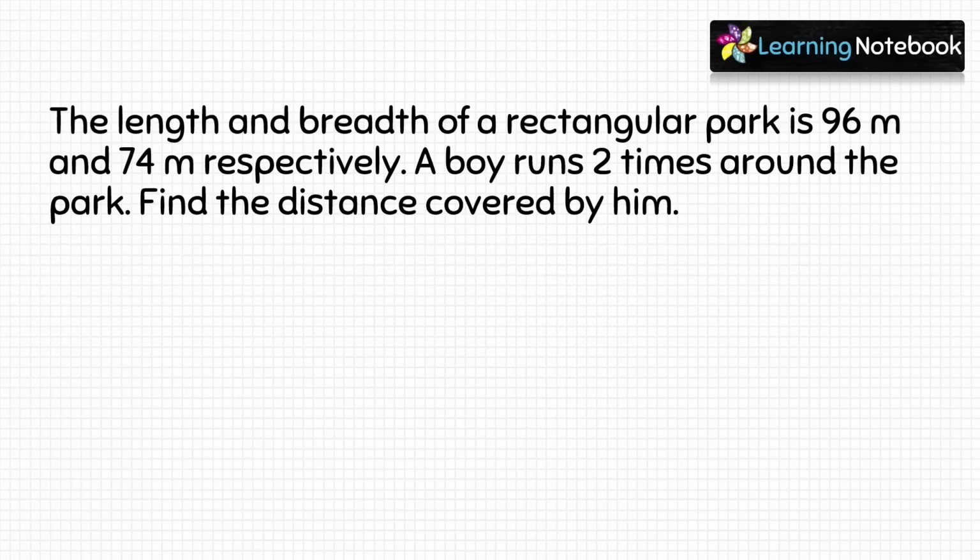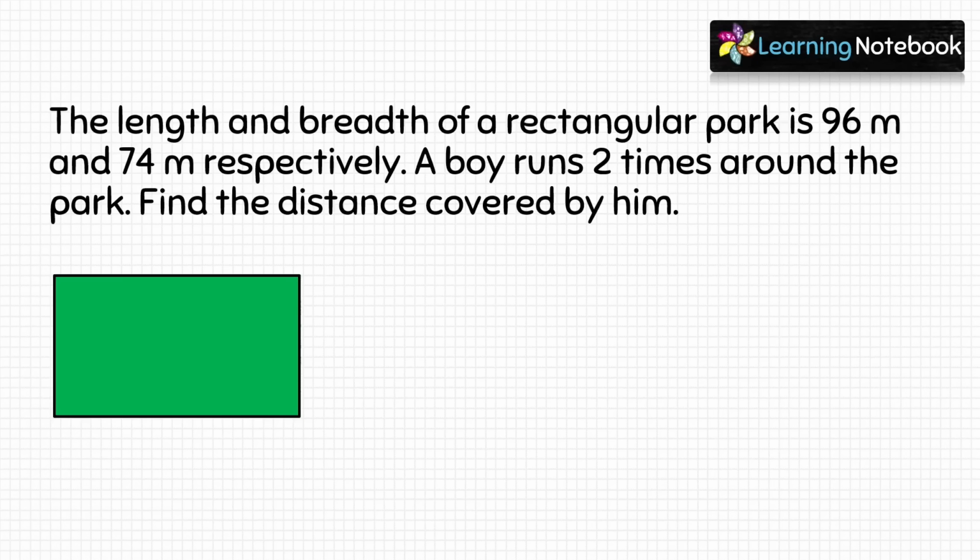The length and breadth of a rectangular park is 96 meters and 74 meters respectively. A boy runs 2 times around the park. So find the distance covered by him. Students, let's understand this question with the help of a figure.